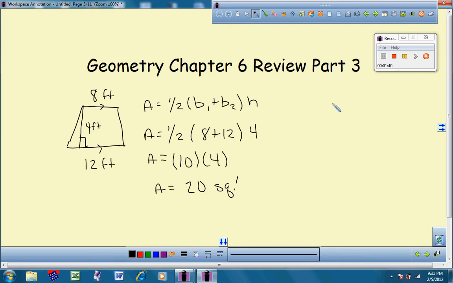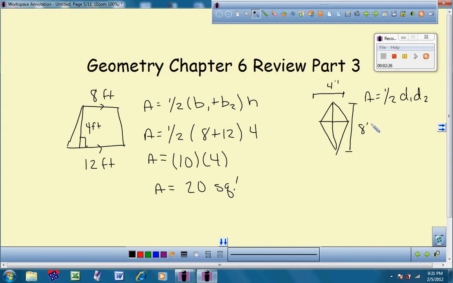Let's now find the area of our kite here. The area of a kite is 1/2 the product of the diagonals, diagonal 1 and diagonal 2. Let's say the length of this diagonal is 4 and the length of this diagonal is 8.